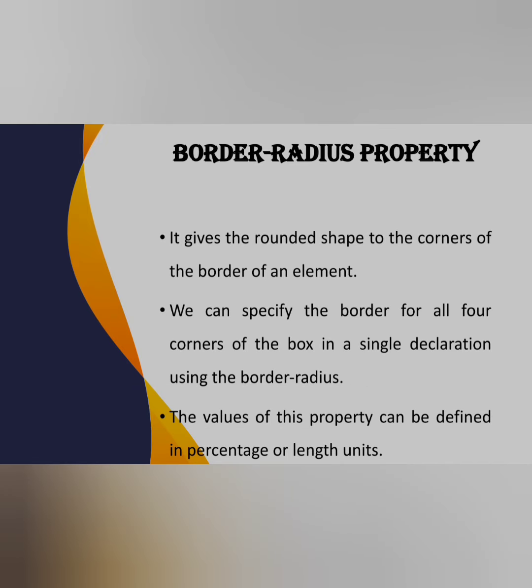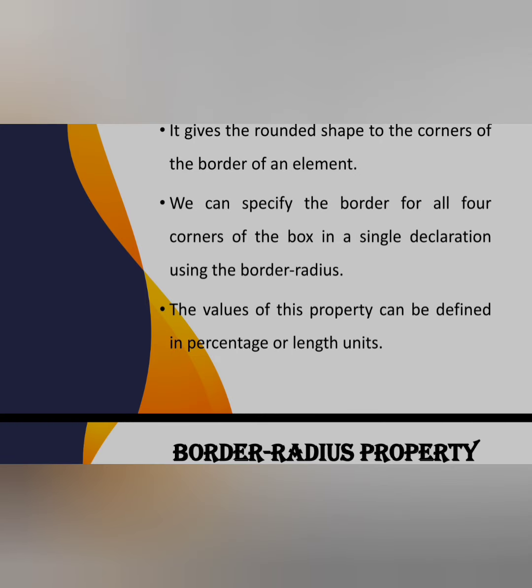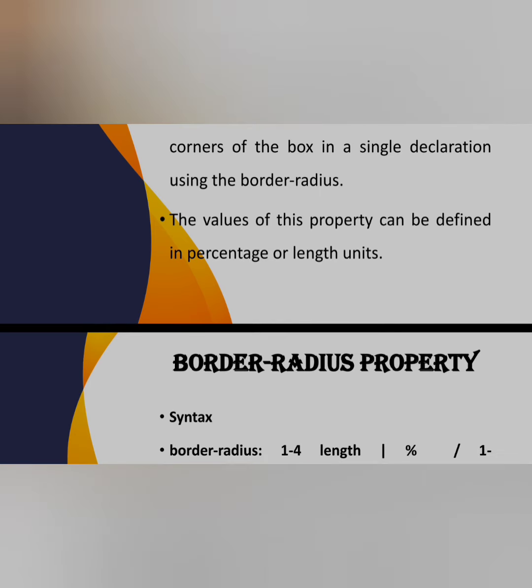It gives a rounded shape to the corners of the border of an element. We can specify the border for all four corners of the box in a single declaration using border-radius. The value of this property can be defined in percentage or length units.